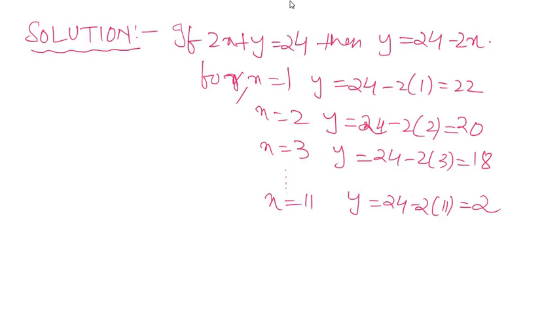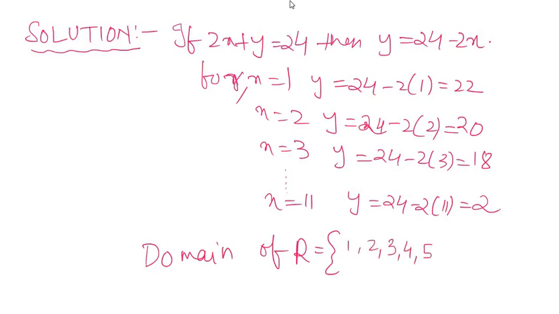Hence we can say that the domain of R is equal to 1, 2, 3, 4, 5, 6, 7, 8, 9, 10 and 11. So this is a part of our solution, that is, the domain of R is 1 to 11.